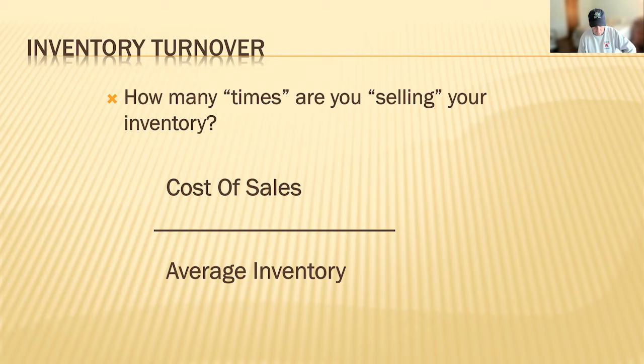So your cost of sales of 500,000 over your average inventory of 100,000 would mean that you're selling your inventory over 5 times, and that kind of takes the markup end of things out of the equation.